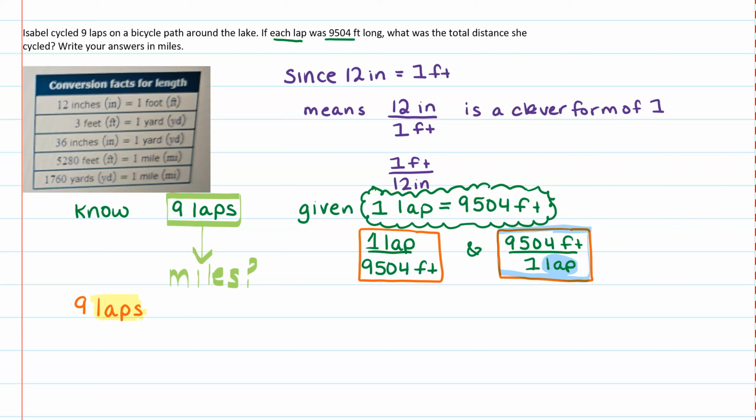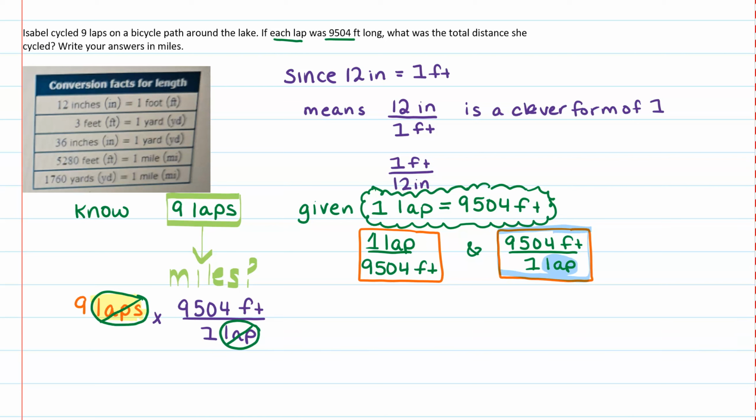So let's put that in. I'm going to times this by 9,504 feet over 1 lap. And I'm allowed to times by a clever form of 1, and it doesn't change the facts of my problem. So now laps on top and laps on bottom cancel out.